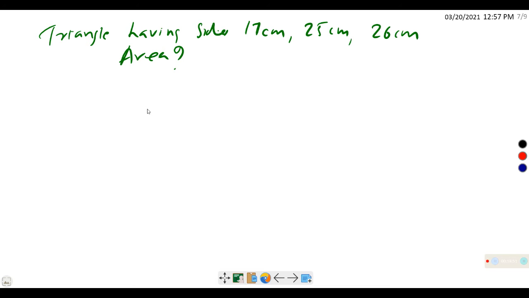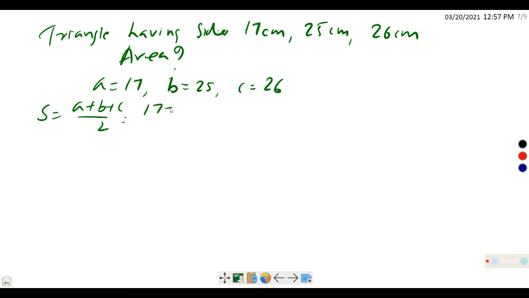So as three sides are given, we will go for Heron's formula, where you will write a is equal to 17, b is equal to 25, c is equal to 26, and we will calculate s first by a plus b plus c upon 2, where it is 17 plus 25 plus 26 upon 2, which is equal to 68 upon 2, which is equal to 34.